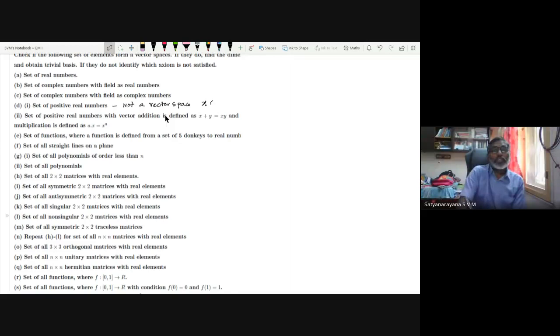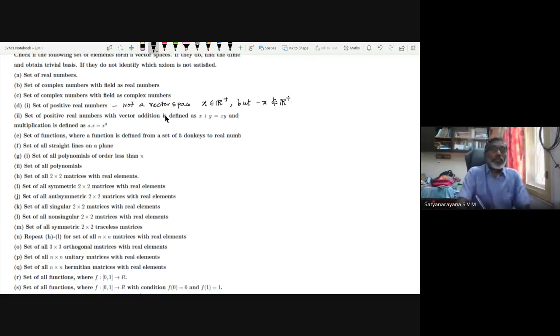For example, x is in R plus, but minus x is not in R plus. So this is an example for what Ritesh has asked.